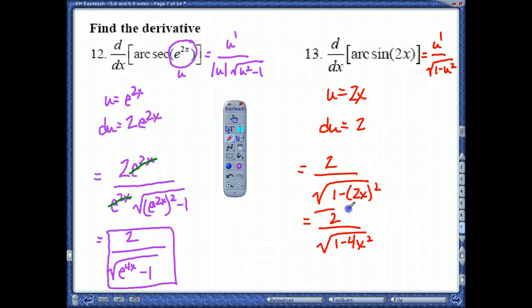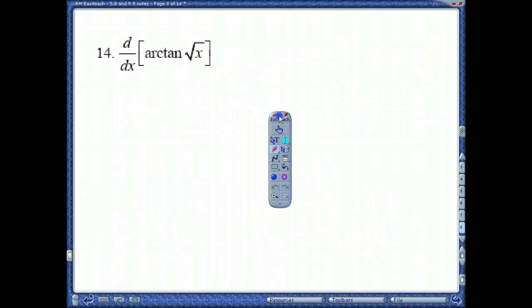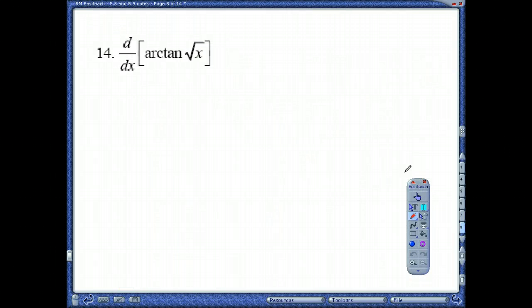Let's do one more, and then I'll let you get back to your activities. Tangent. Now tangent is nice because it's one of the only ones that are adding. So you've got u prime over 1 plus u squared. So u is going to be square root of x, which is really x to the 1/2 power.